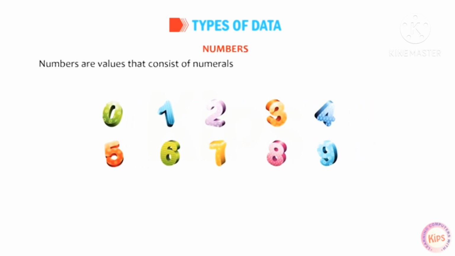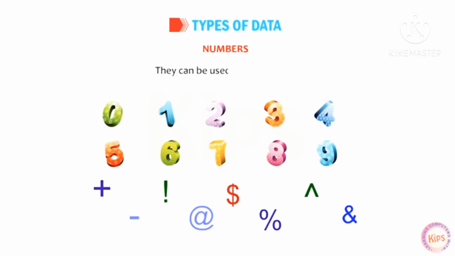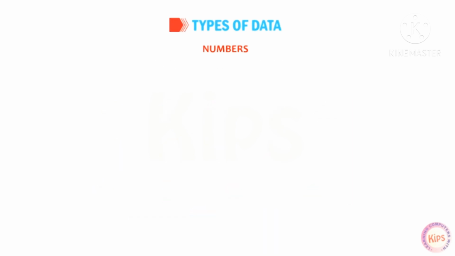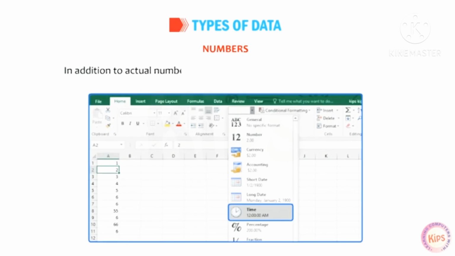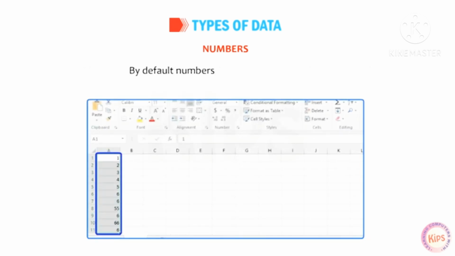Numbers are values that consist of numerals from 0 to 9 and characters like plus, minus, exclamation, at the rate, dollar sign, percentage, etc. They can be used in a calculation. In addition to actual numbers, Excel also stores date and time as numbers. By default, numbers are right aligned in a cell.